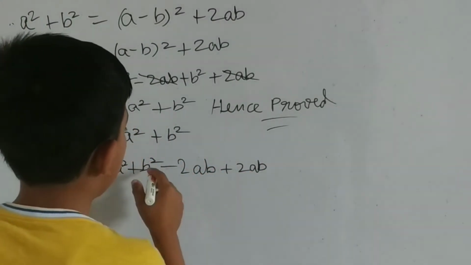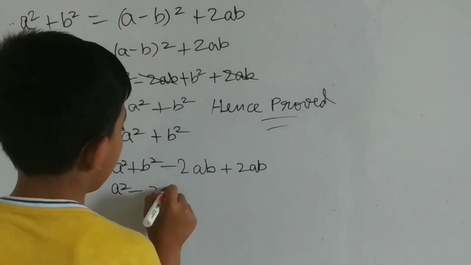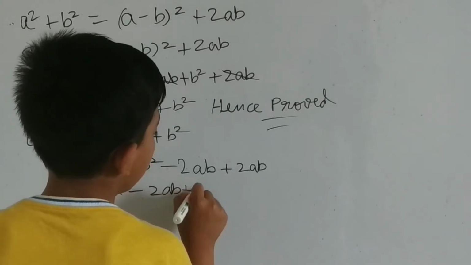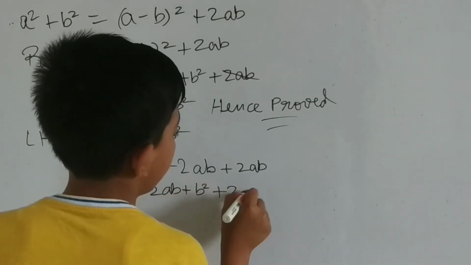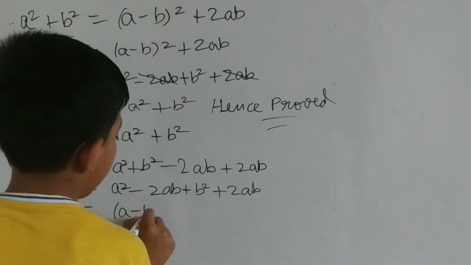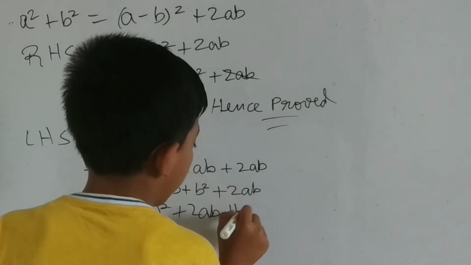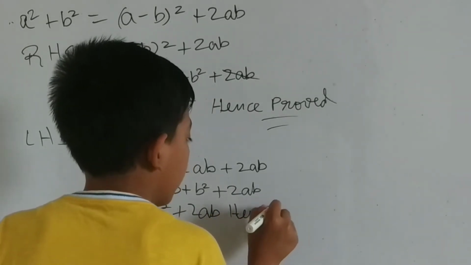Then a square plus b square minus 2ab means a square minus 2ab plus b square plus 2ab. This is the formula of (a minus b) whole square plus 2ab. Hence we have proved taking the LHS.